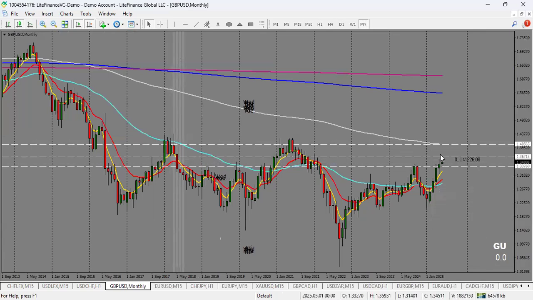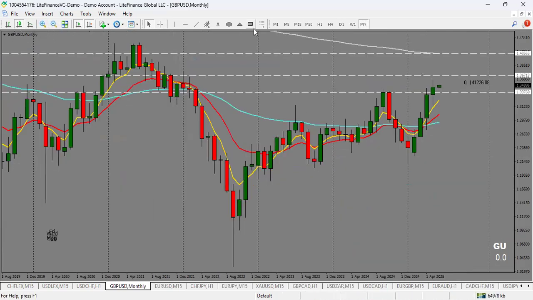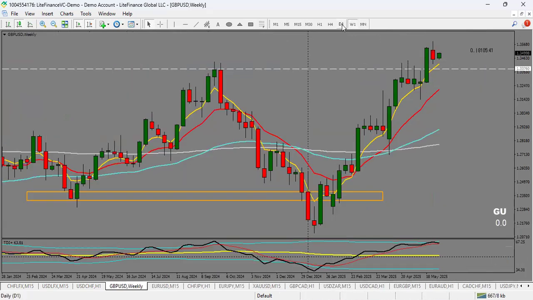This shows that we should have a bullish market structure. It formed an area of support here, and the market is rising. Our next target should be this area of resistance here, and if it breaks, then our next target should be just below the 200 EMA.